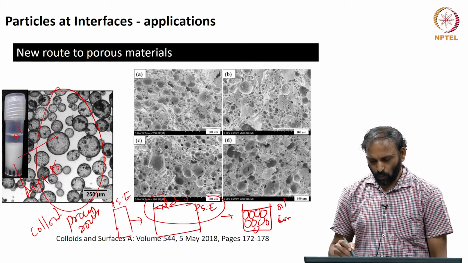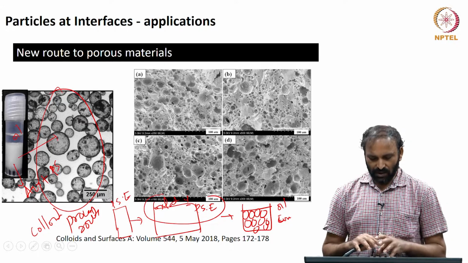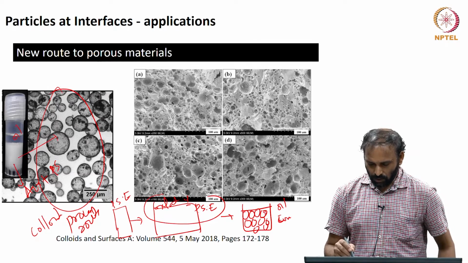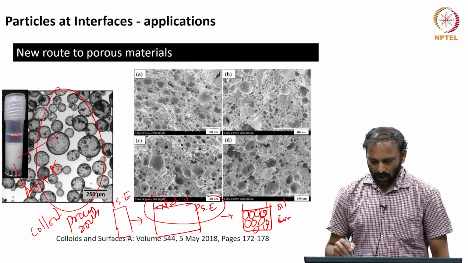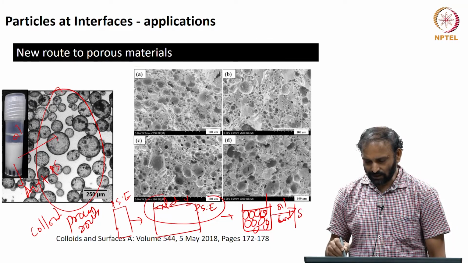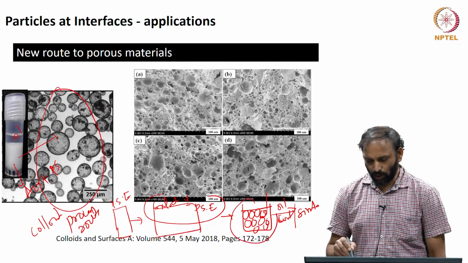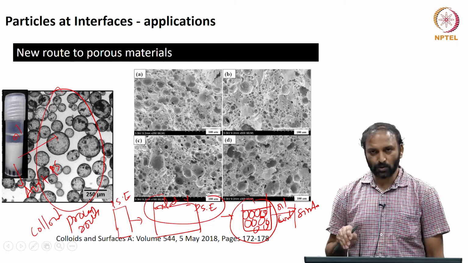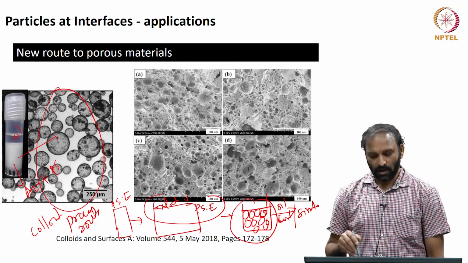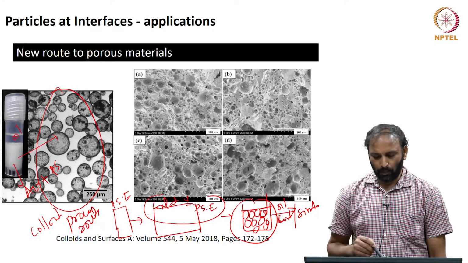a green body which has only these hollow structures with particles, and both the fluids removed, and you can start with this material and actually sinter it, which is a method of heating this green body to a temperature close to the melting point of the particles that are used for making the green body and the emulsion, and you can end up with a porous material.